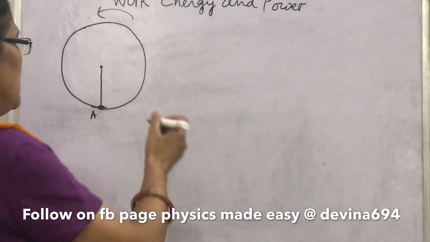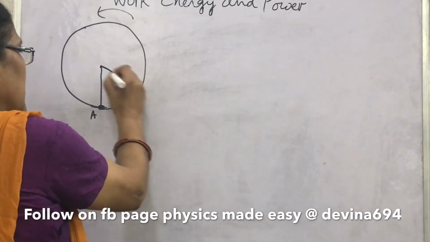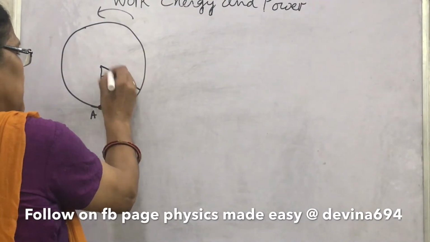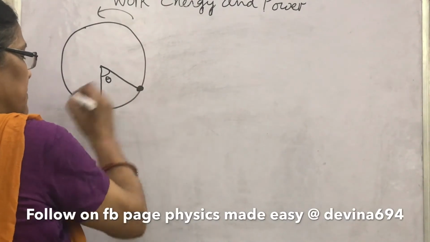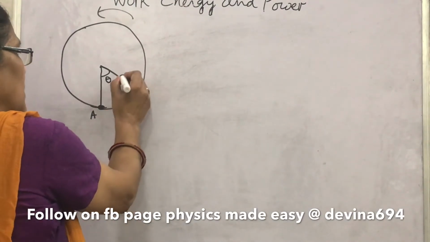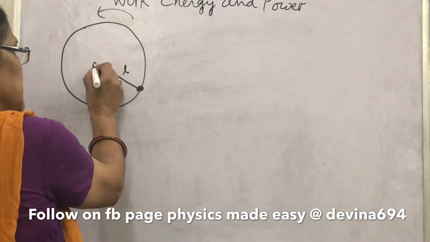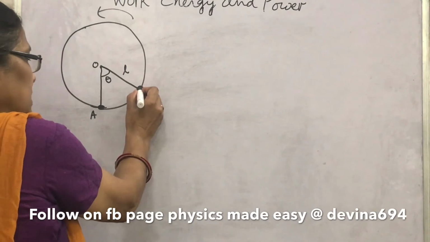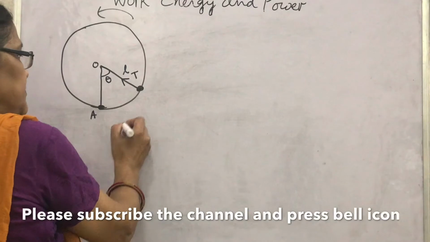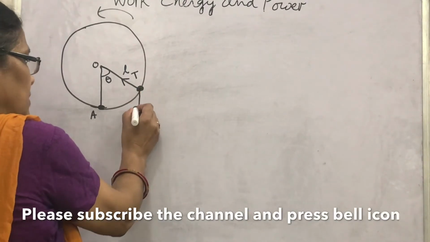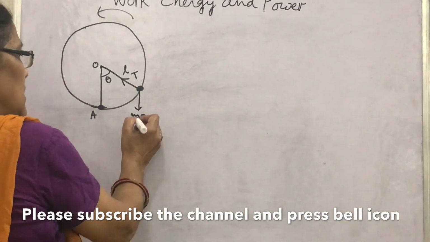Look here. Let at a certain angle theta from the initial position, this is the position of the object on the circular path, then this is the length L, this is also length L. Suppose this is the point O. Here, the tension in the string acts in this direction, and the weight of the object tied with the string acts vertically downwards.